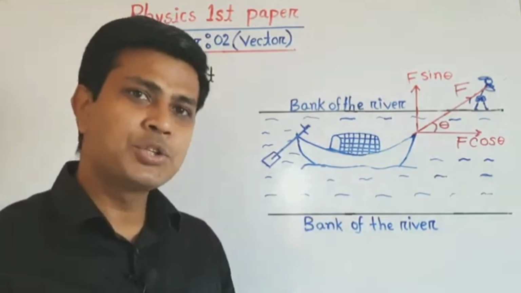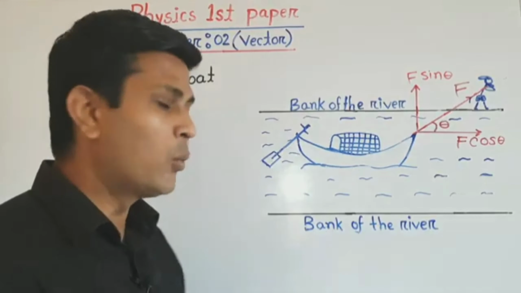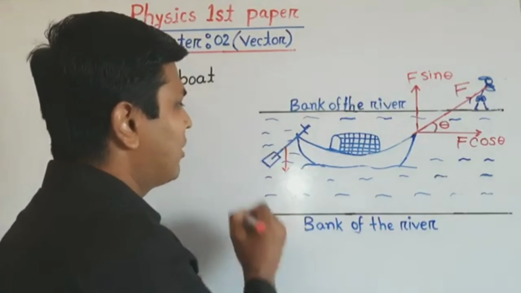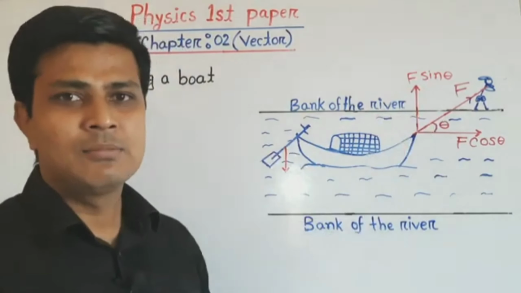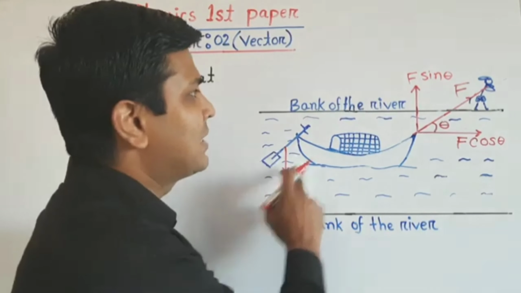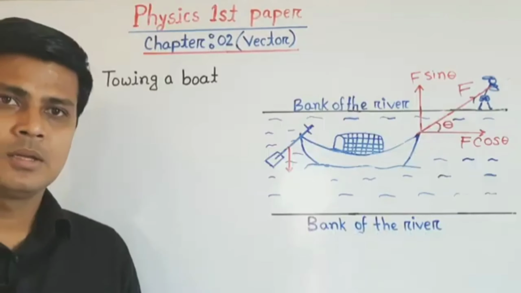The boatman should use the rudder in such a way that it applies an equal and opposite force to the vertical component, and that force will neutralize the vertical component of the applied force.